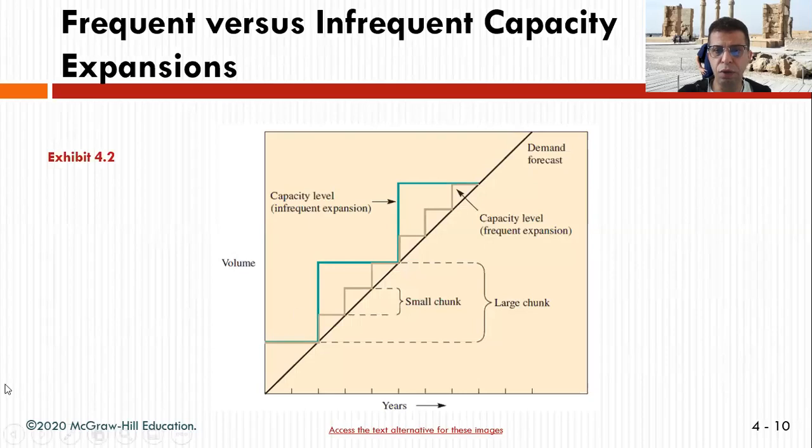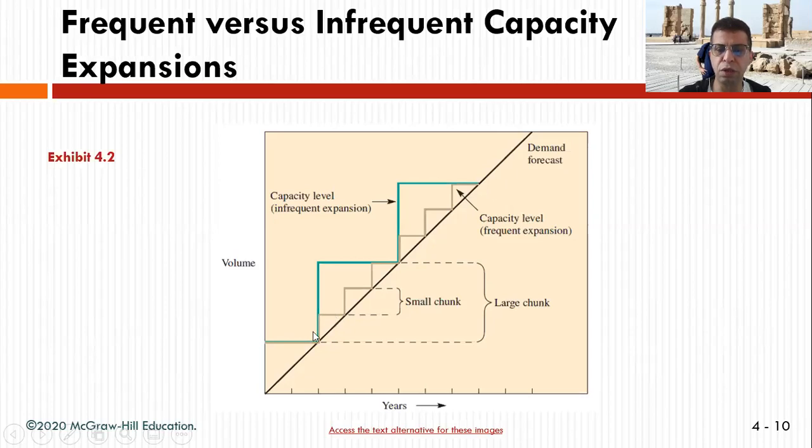So here, if we're looking at the volume over the years, you probably cannot go as smoothly as the demand forecasted.